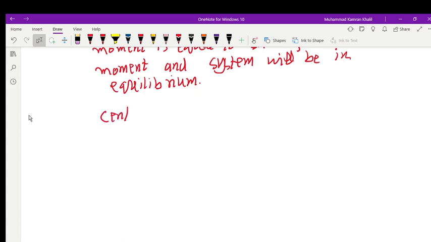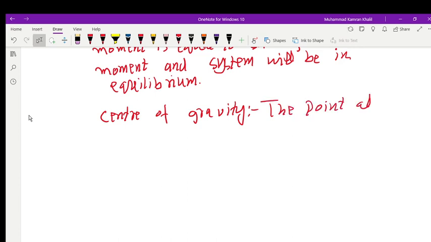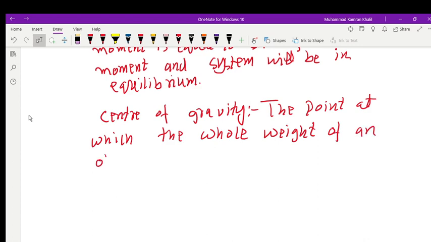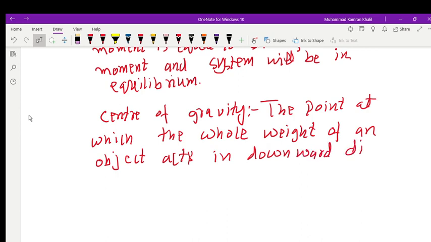The next definition is center of gravity: the point at which the whole weight of an object acts in downward direction.